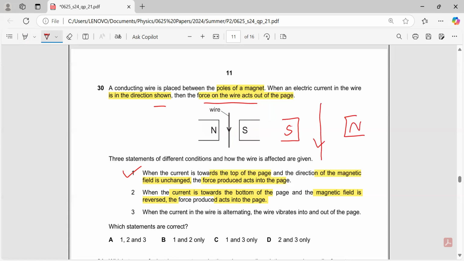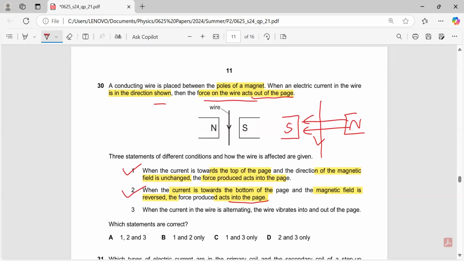So again, only one thing has changed. If the direction of magnetic field is reversed, but not the direction of current in the second statement, then again the direction of force acting on this wire should be opposite to this. So it is into the page, and here they mention that it is into the page. So the second statement is also correct.